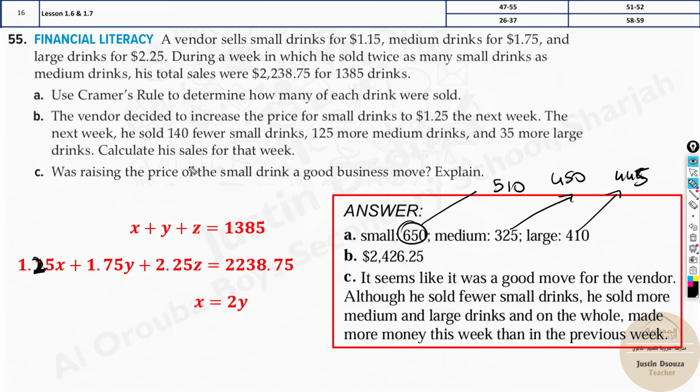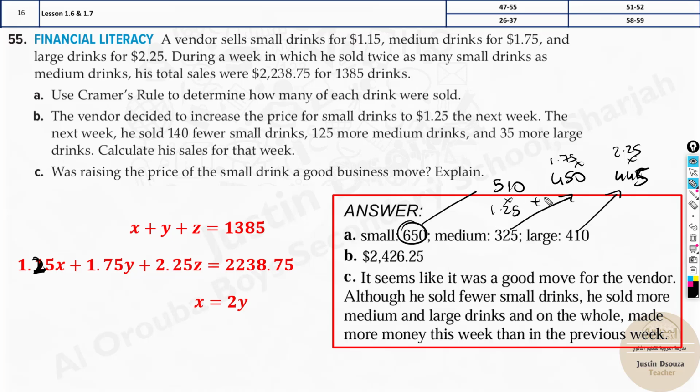And now calculate his sales for that week. So these are the new values of x, y, and z. Now we know how much is the cost. So this 510 multiplied by 1.25 plus this 450 multiplied by 1.75 plus 2.25 times 445. Add this all up.